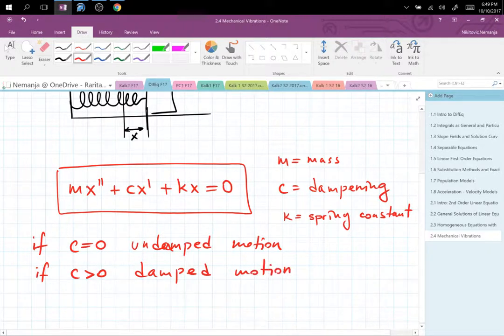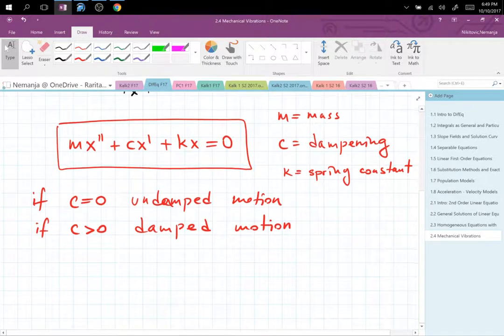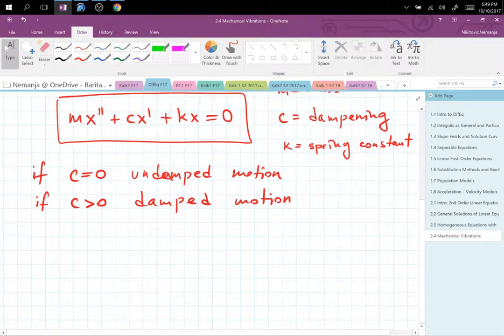We also use the equation equal to 0, in which case, as the name suggests, it's free motion. That one is our homogeneous case, so equal to 0.